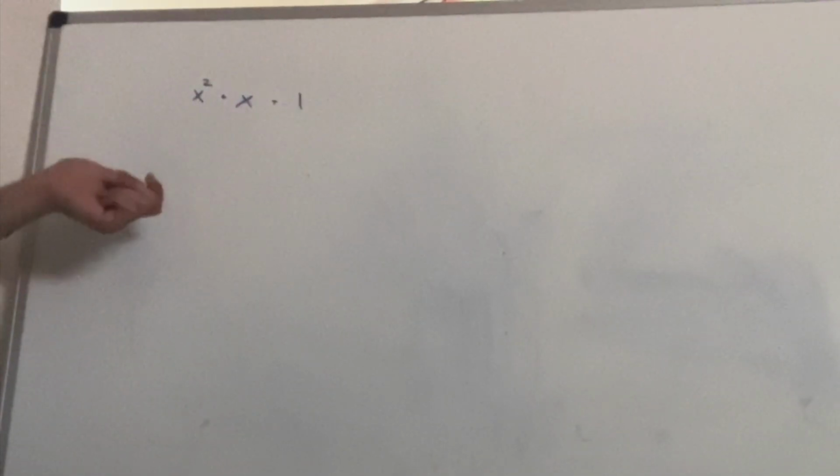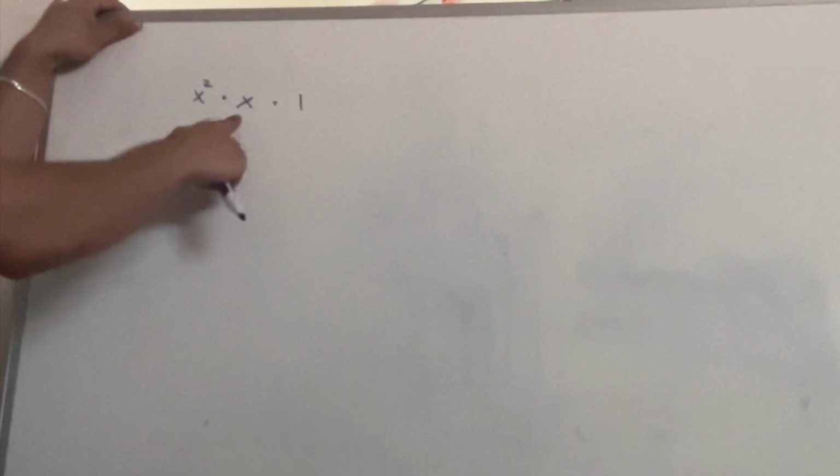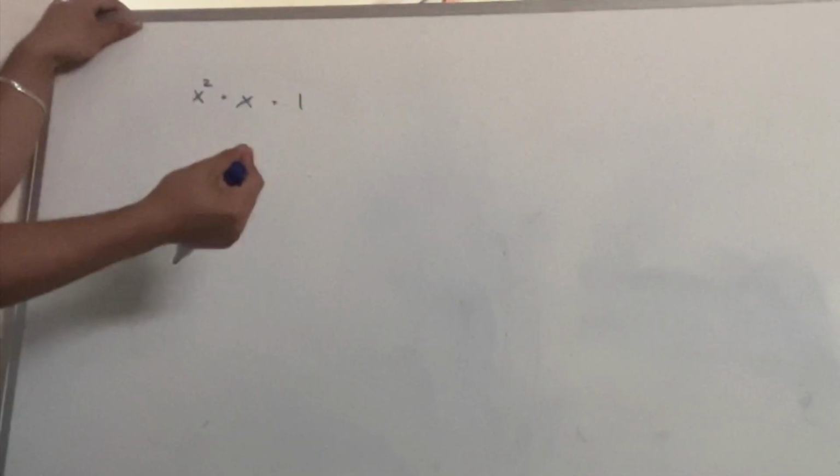Okay, let's say we have x squared plus x plus 1. We can't do anything else to this except maybe factor it, but you can't add these together or subtract from each other unless you know what x is. This is because when adding or subtracting, you can't add something without a variable to something with a variable.